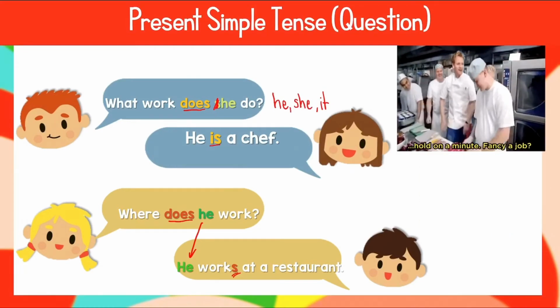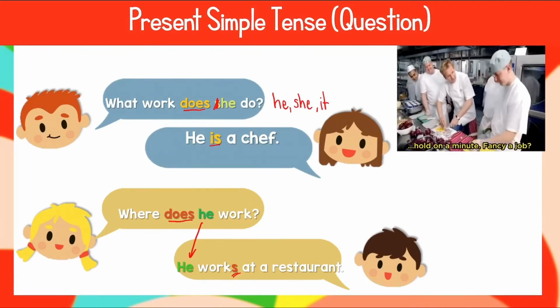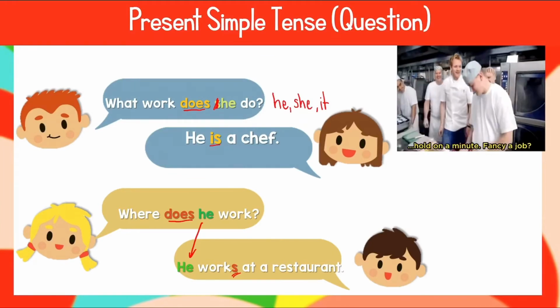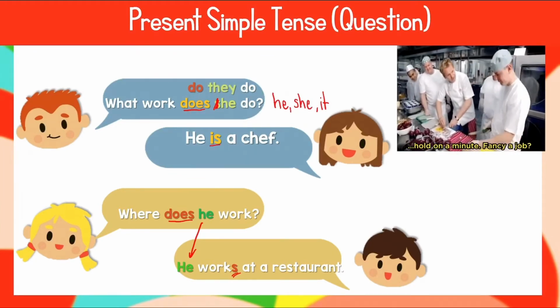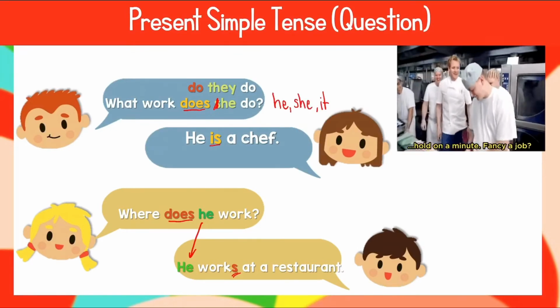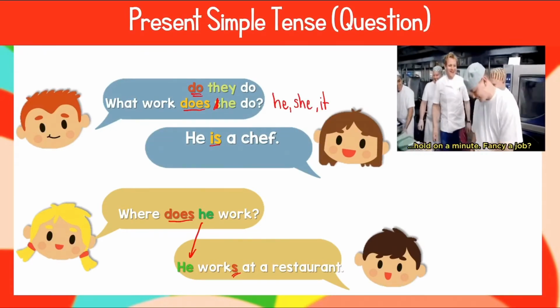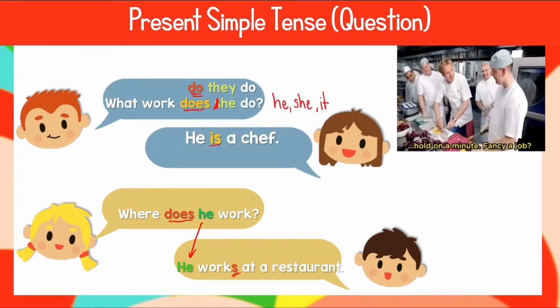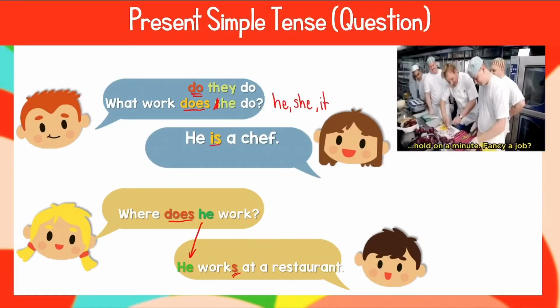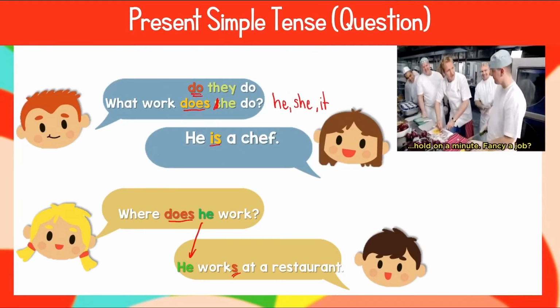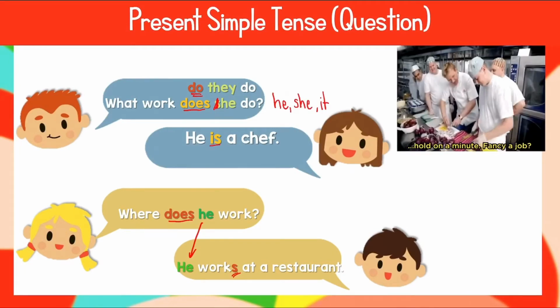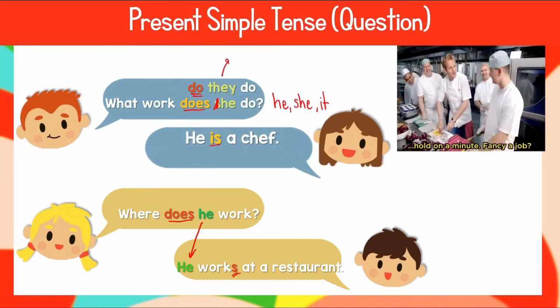And next, this one. What work do they do? Can you see do here? We use do for plural subject. They, can you see they?